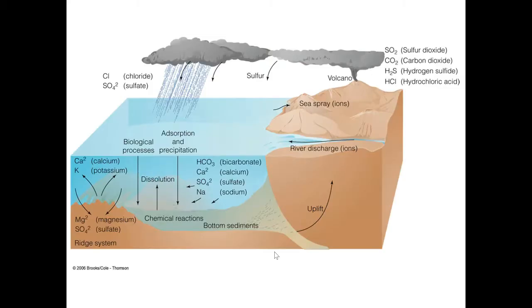So if we were to take a look at the general ocean, taking out our plate tectonic idea, but keeping the same concepts, we know that we have seafloor areas where material is being added through the asthenosphere. So solutes can come from those locations. We also have upland runoff, river discharge, or even just literally runoff from the mountains.